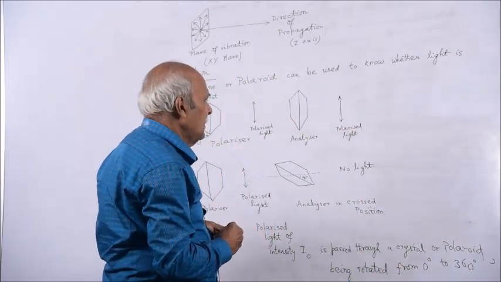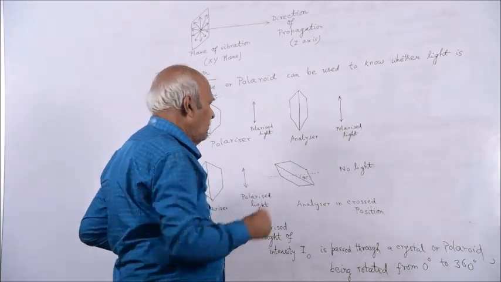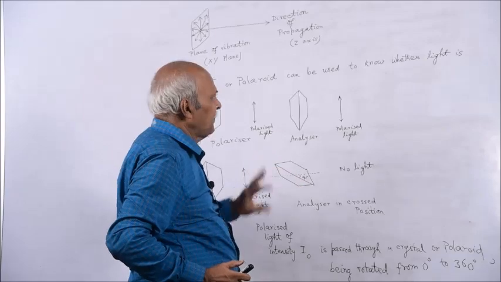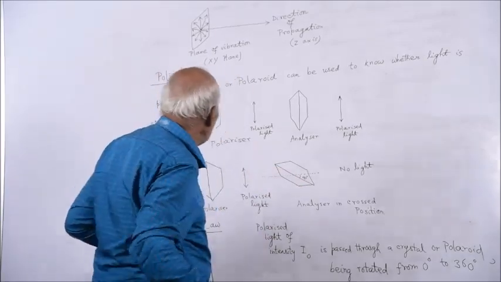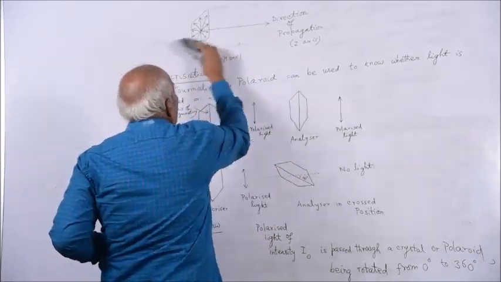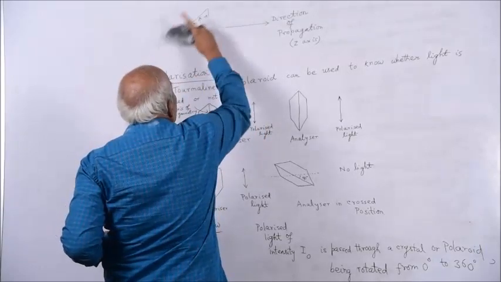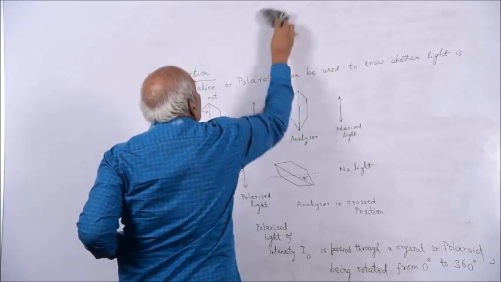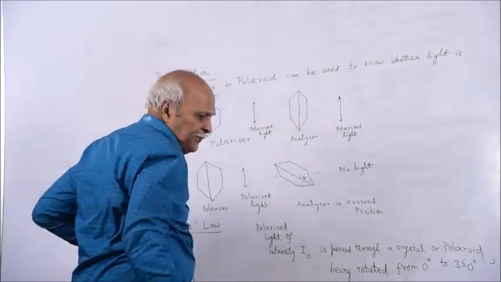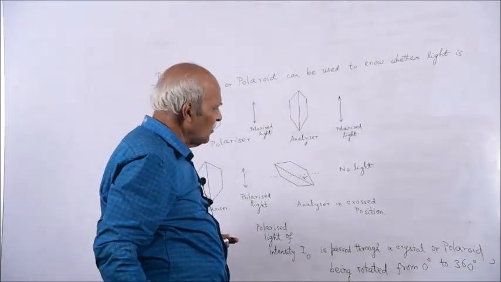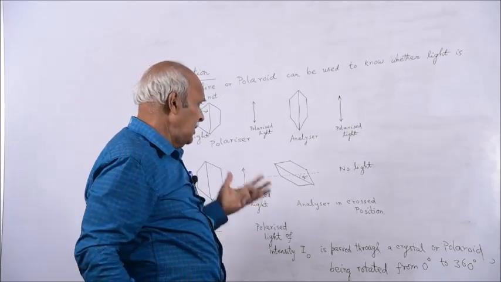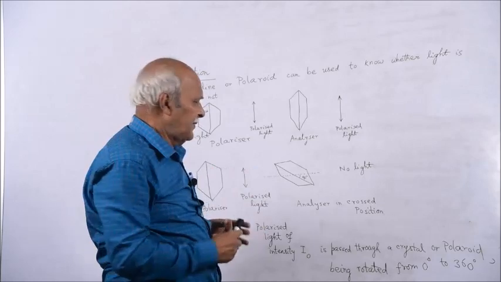That means over a complete rotation, this analyzer is rotated. Then what is observed? They observed that for two positions there is maximum light, and for two other positions there is no light, and in between there is some light.